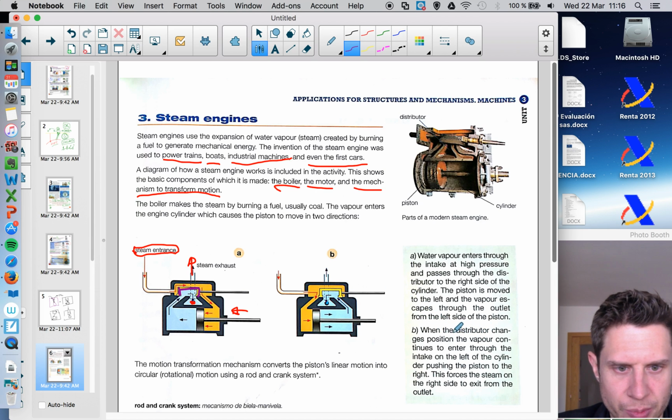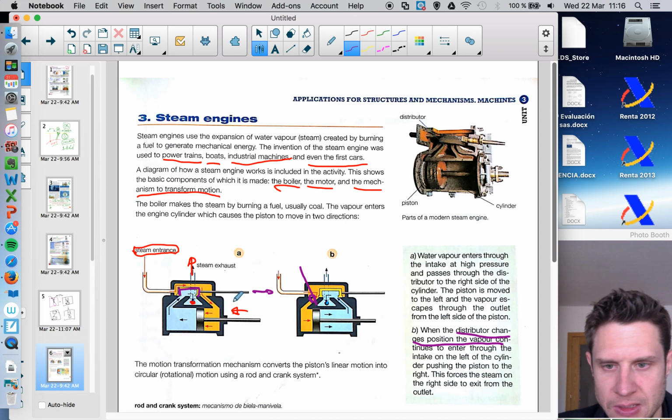The distributor changes position, and the vapor continues to enter into here. So this is the distributor moving in this direction all the time. This is moving the piston in the other direction.